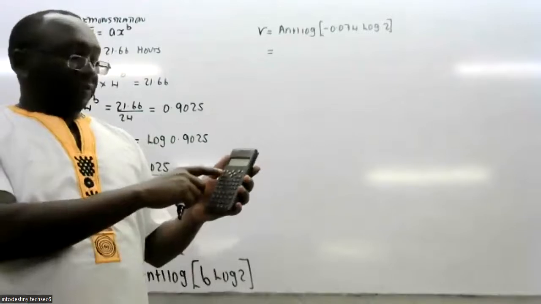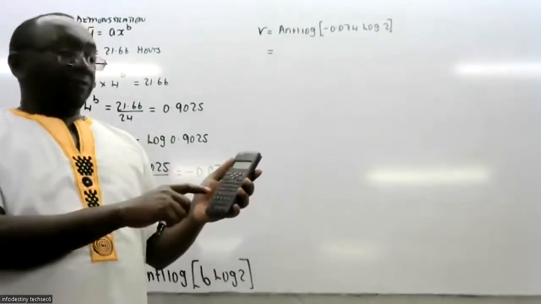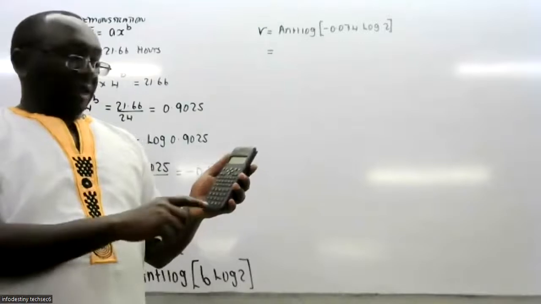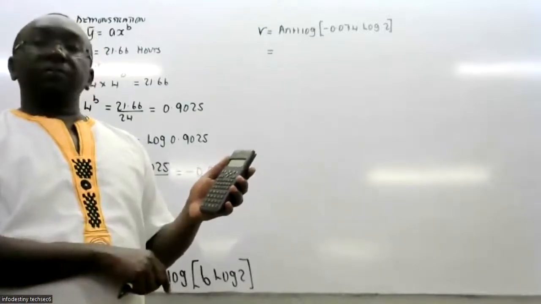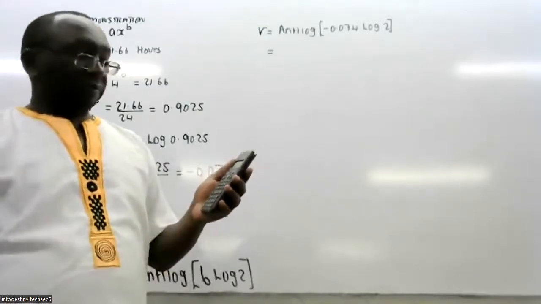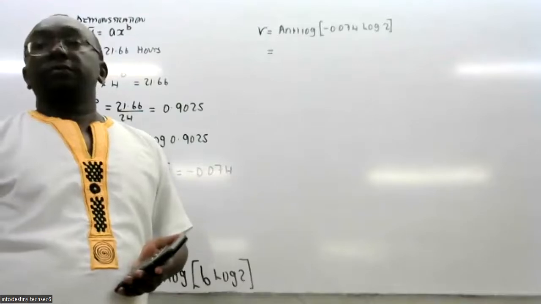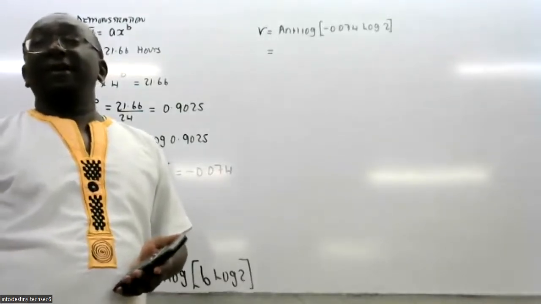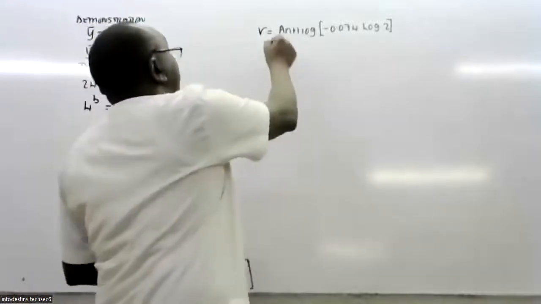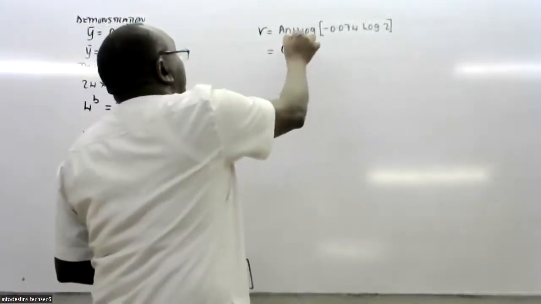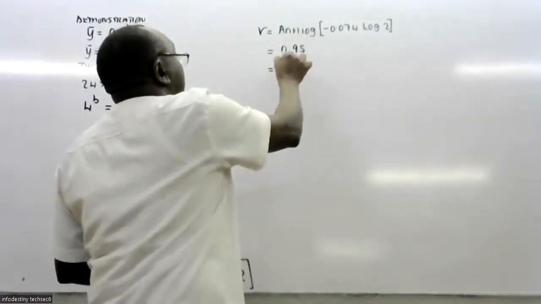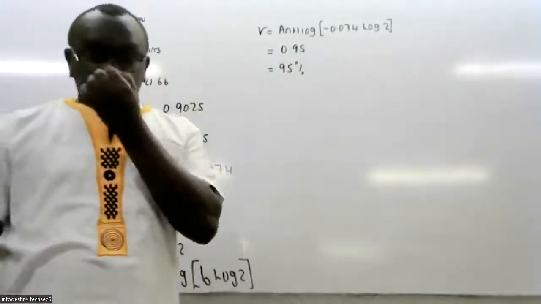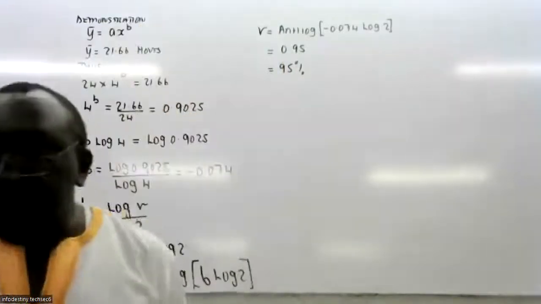Then we press shift, then the inverse of logarithm, then the answer, then equals. Good. 0.95, which is 95%. That's how you can prove it.